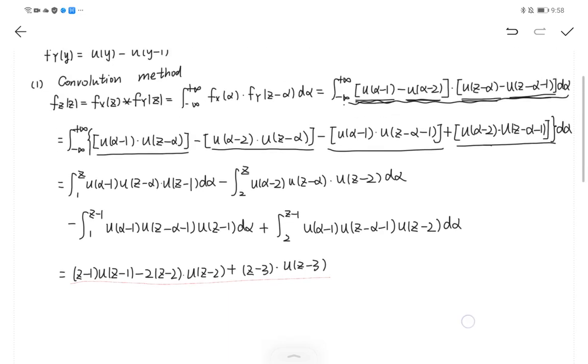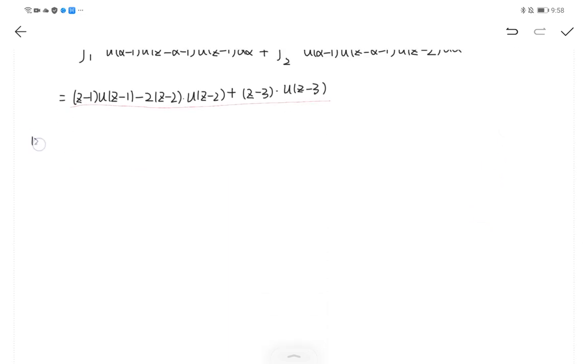And for question 2, we can use the geometric method.